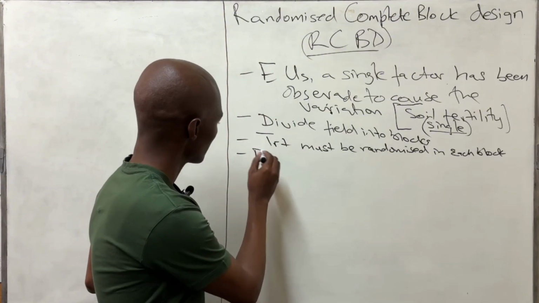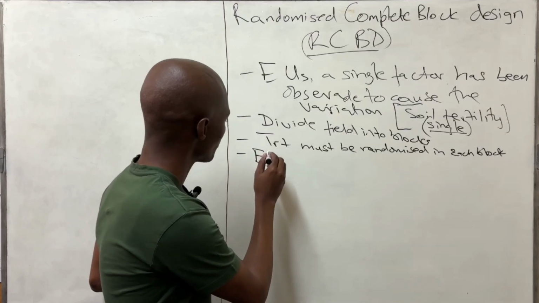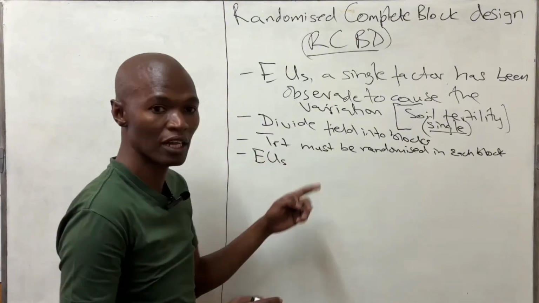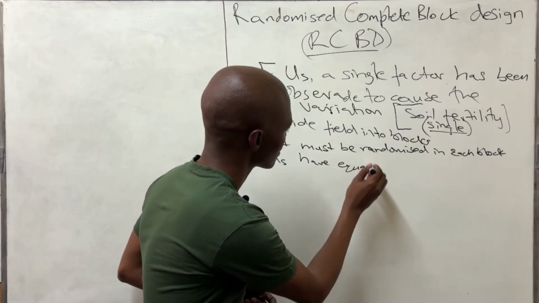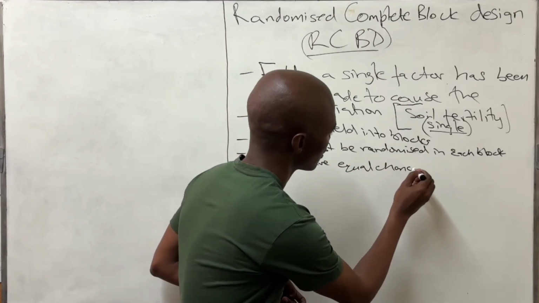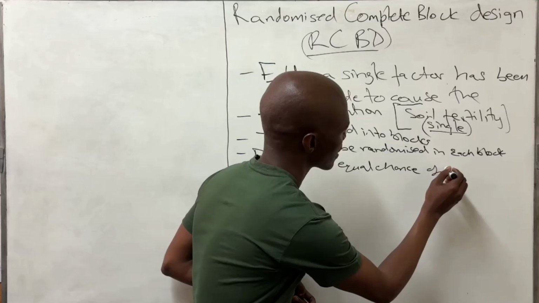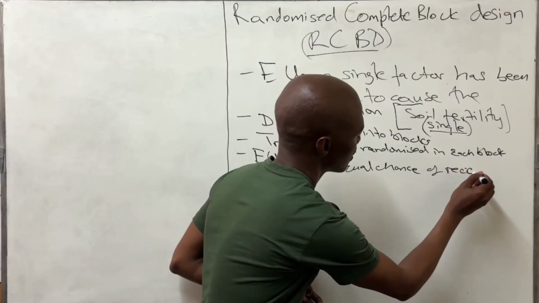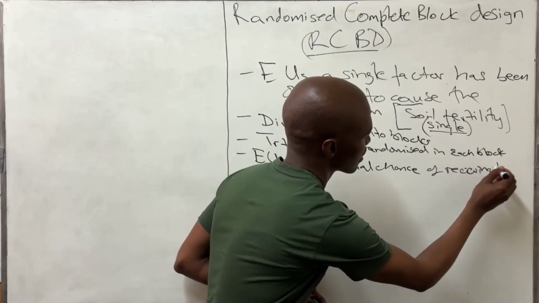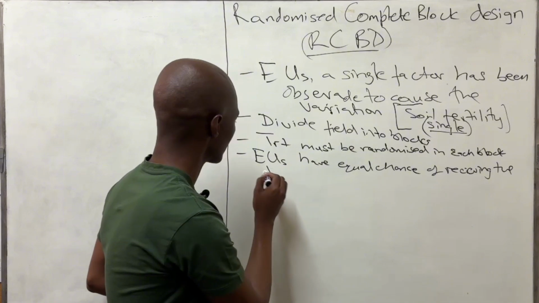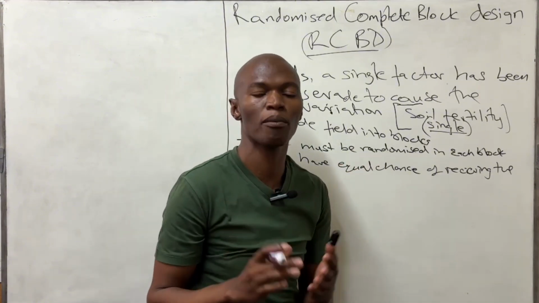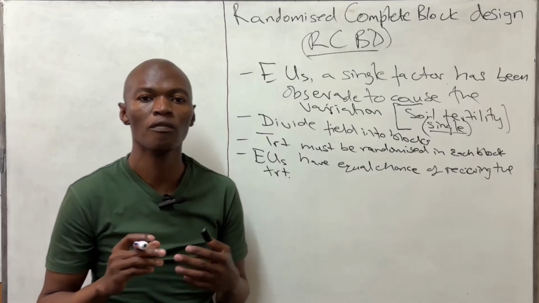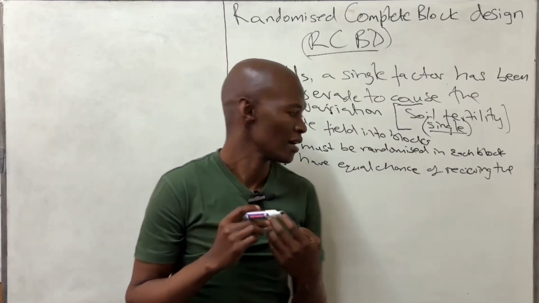So we are saying that all the EUs, all the experimental units within the block, have equal chance of receiving the treatment.